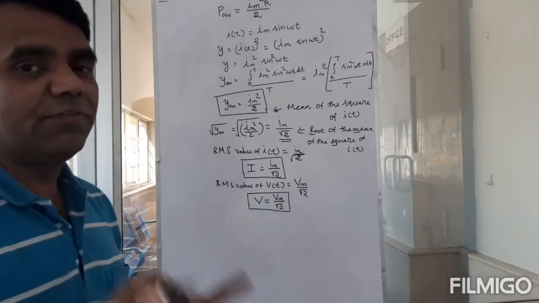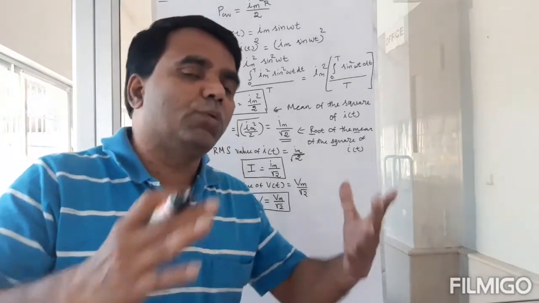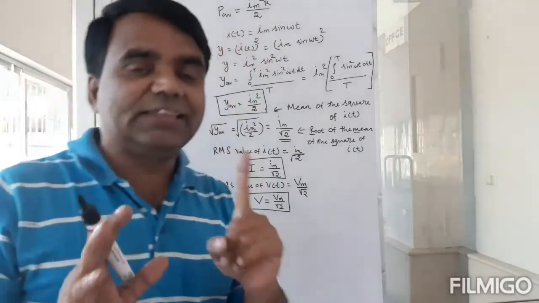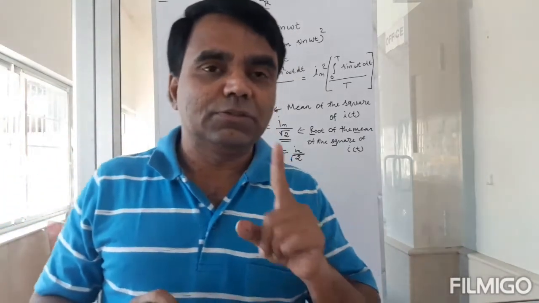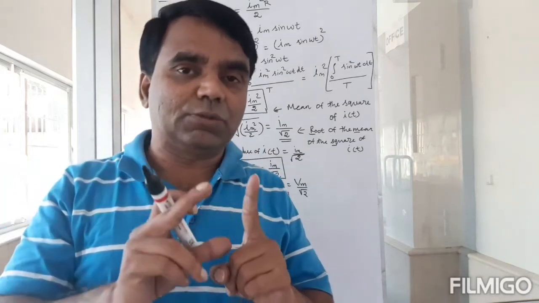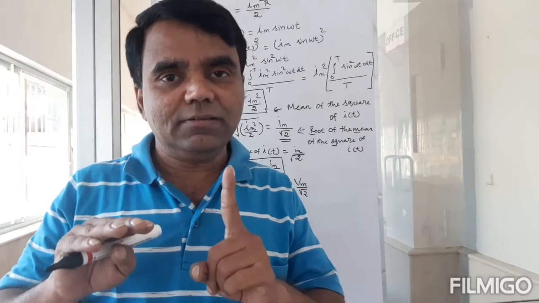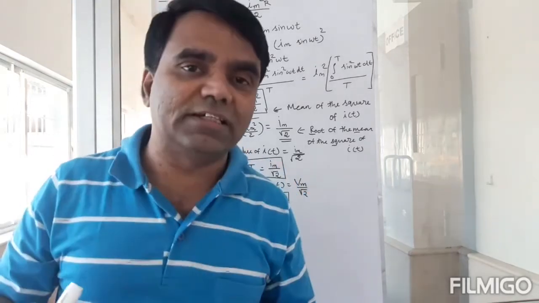So this RMS value can be assigned to any quantity that is varying in time. All that you need to do is this: you take that quantity, square that quantity, find the mean of that, and take the square root again.